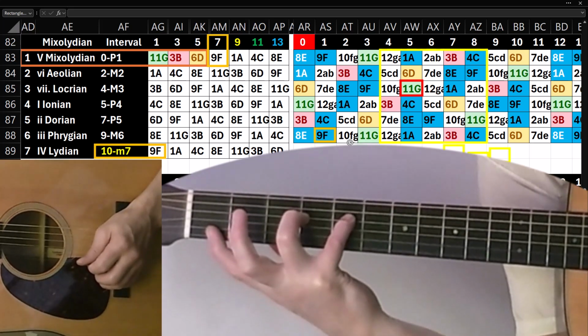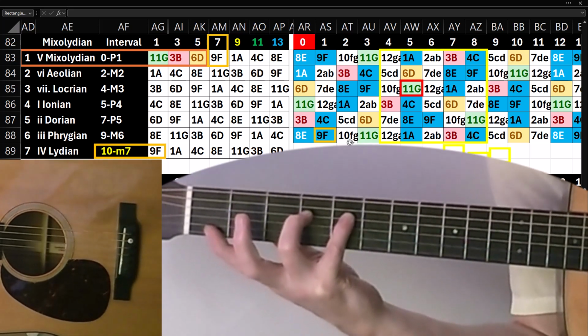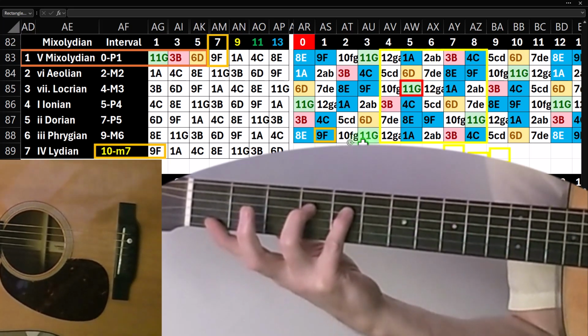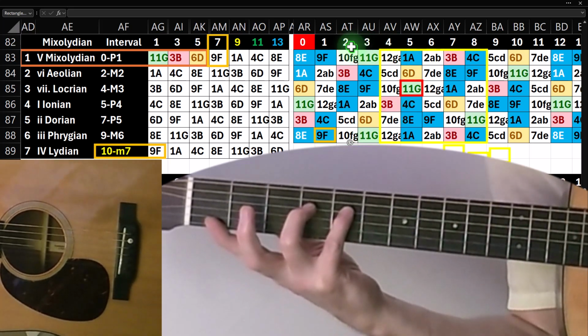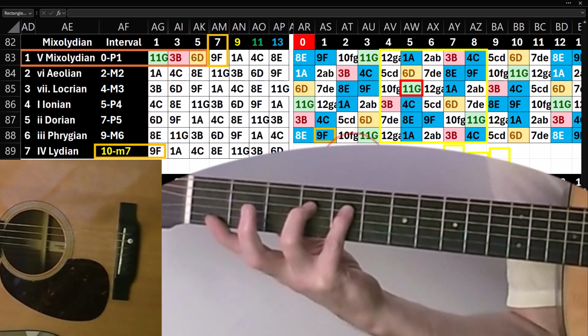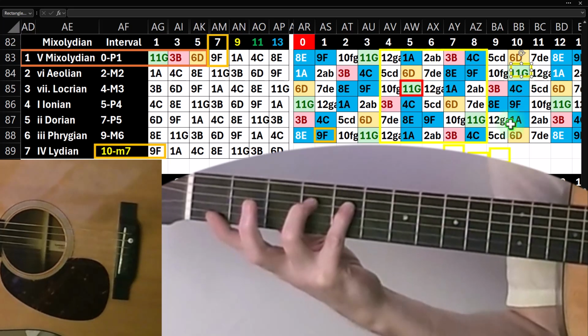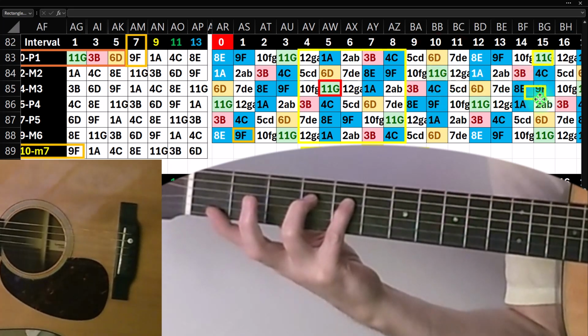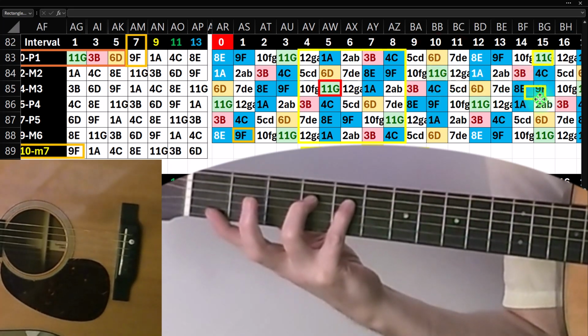All right, so that means if I go down 3 strings and cross the fault line, the 10 note away minor 7 will be 1, 2, 3, 4 frets back. Now if I don't cross the fault line, which would happen on the top string, which is way over here, and I go down 3 strings, then it would be 1, 2, 3.